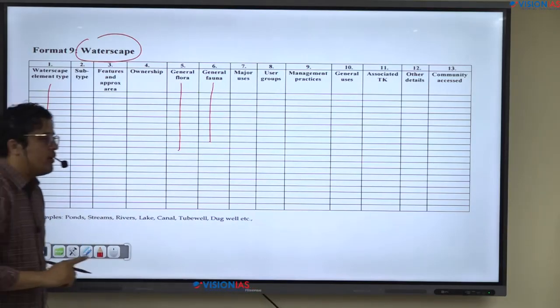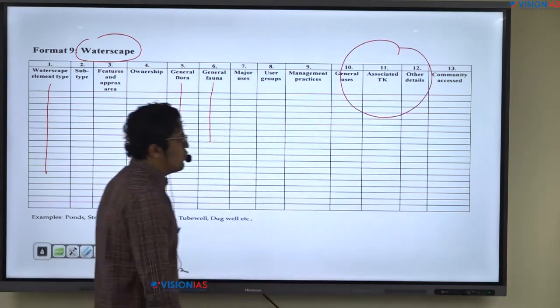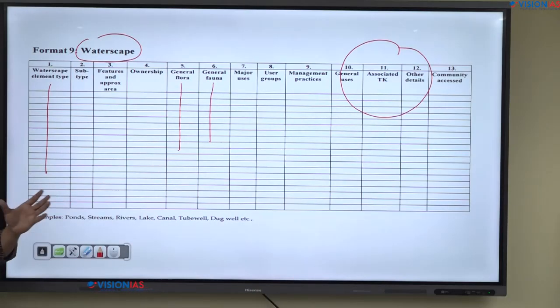But most importantly, this section. Associated TK, traditional knowledge. So write down, do you know any special method to conserve water? Is there a special way popular in your area by which you are conserving or storing water? So write all your ideas, all your knowledge here.